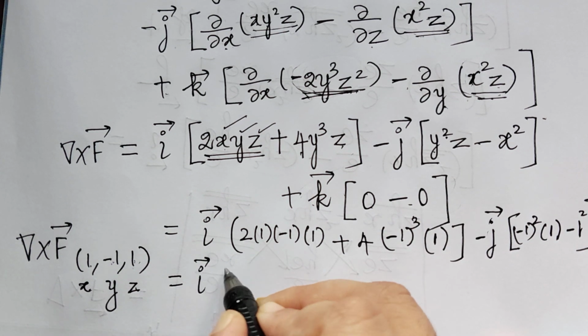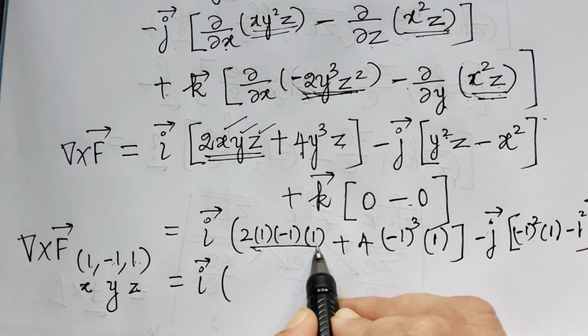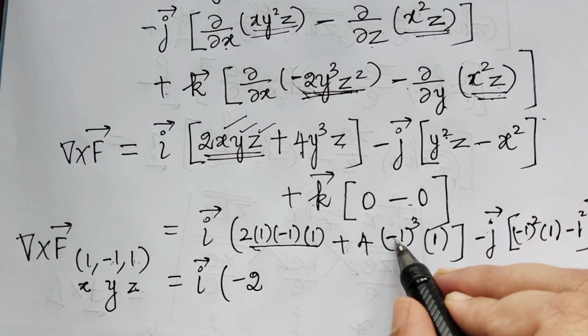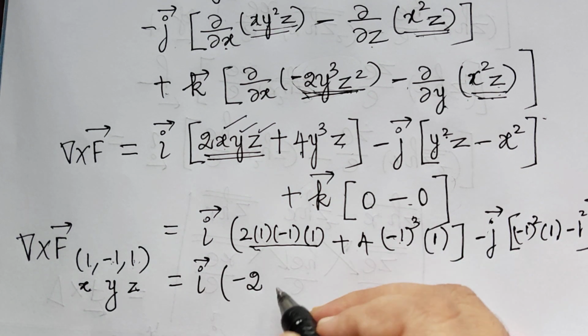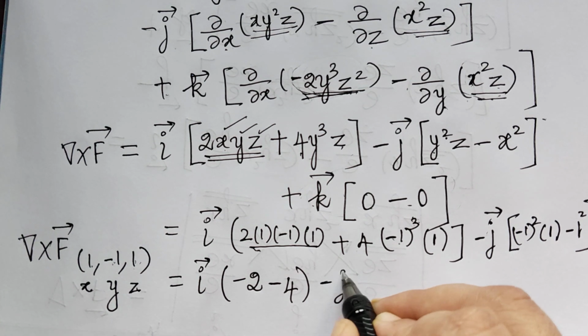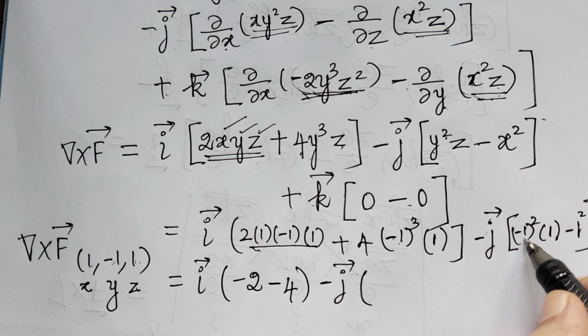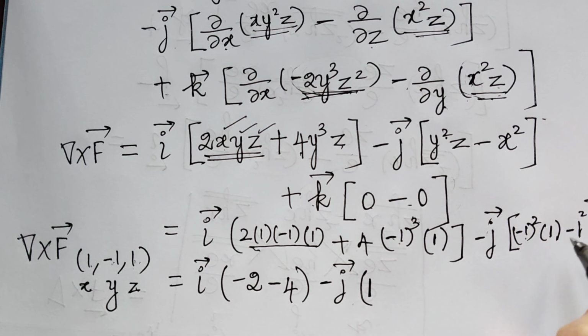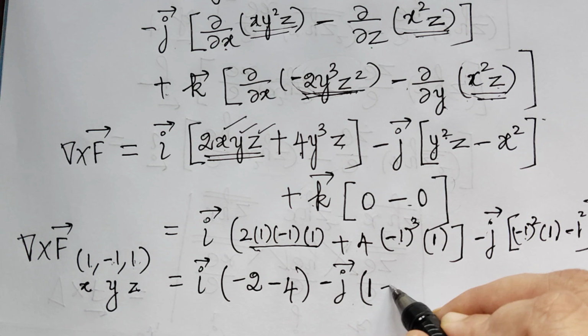So i vector multiplied with, if you see this is minus 2, and what is minus 1 cube? It is minus 1, so we will be having minus 4, minus j vector multiplied with minus 1 square becomes plus 1, so 1 multiplied with 1 is also 1 only, minus 1 square, which is 1.